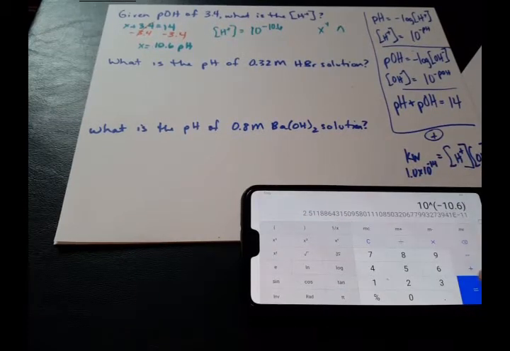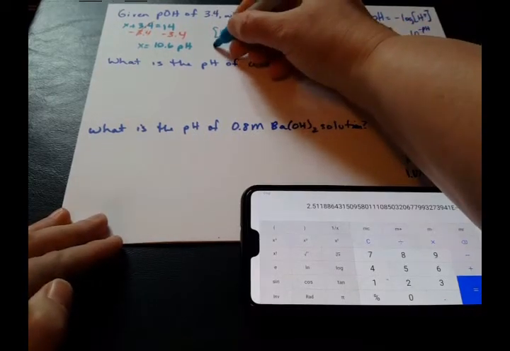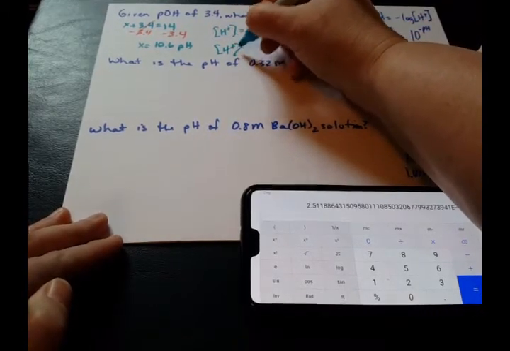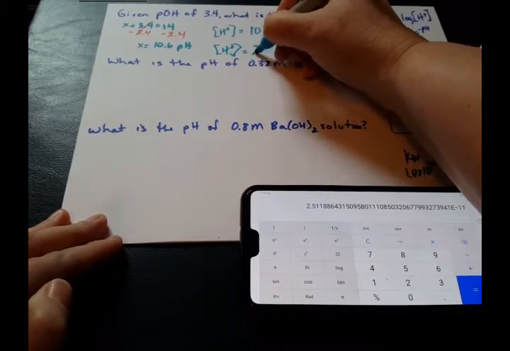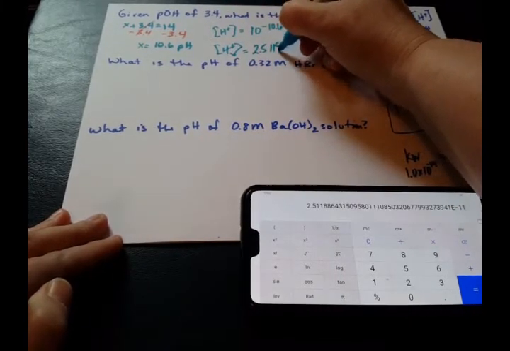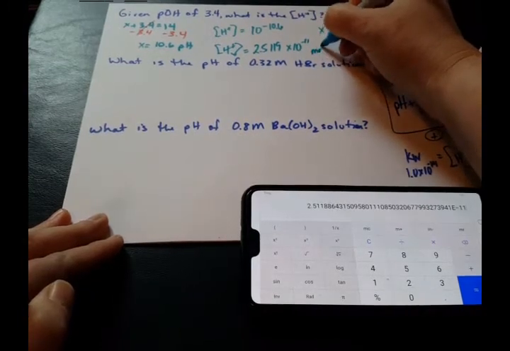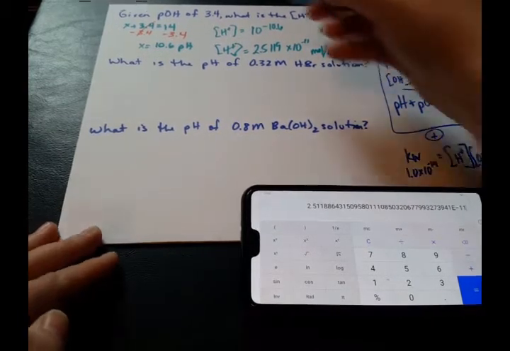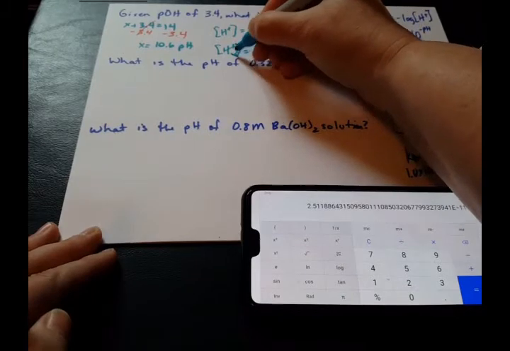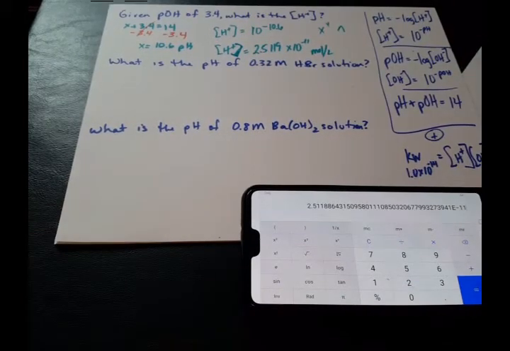So everyone will just have to figure out for themselves how their instrument's going to work. And so we've got a final concentration of 2.5 times 10 to the negative 11. So very, very, very small.